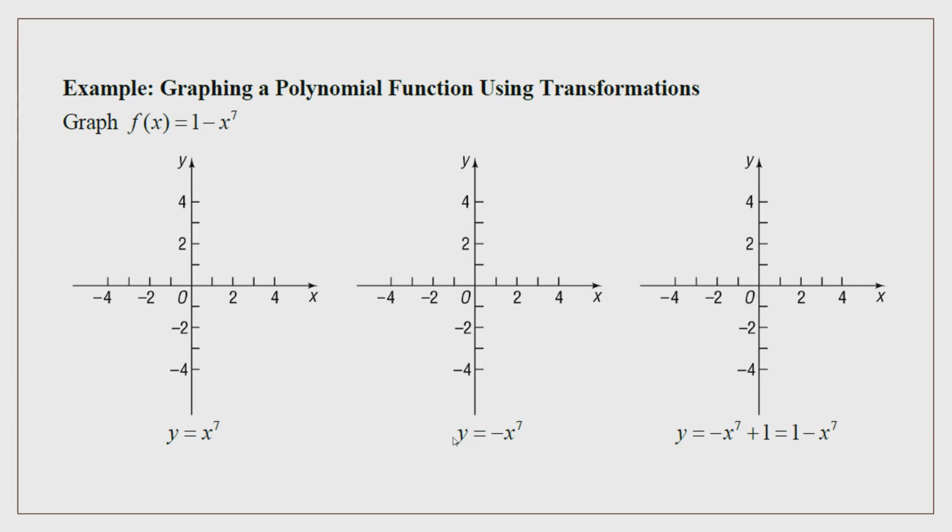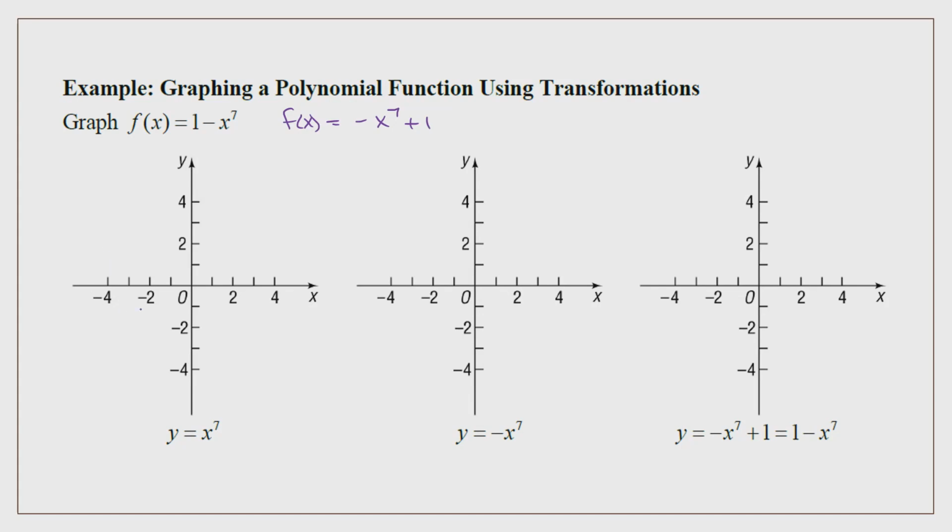So in this first example, we're asked to graph f of x equals 1 minus x to the 7th. I'm going to write this in standard form just so that we can visually see this a little better. That's negative x to the power 7 plus 1. So this is an odd function, so I know it's going to take on the characteristics of a power function with an odd integer as its power.